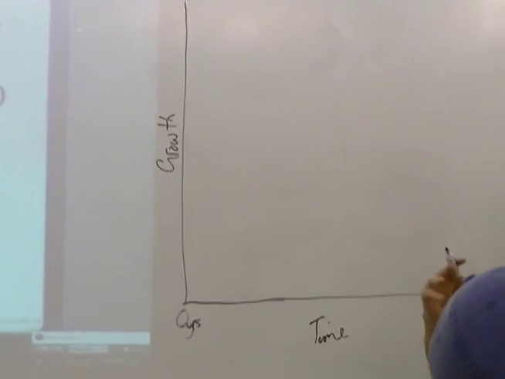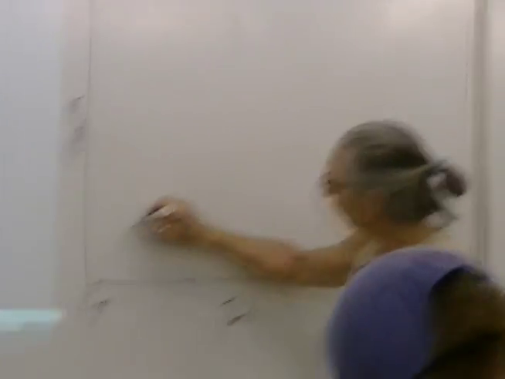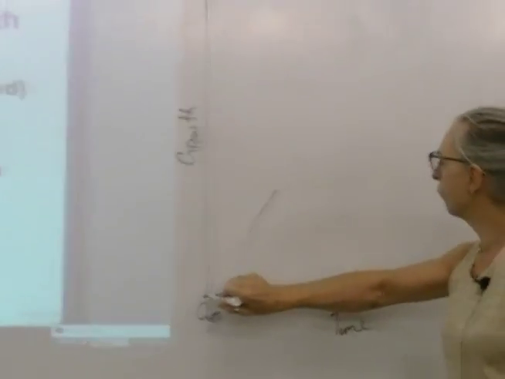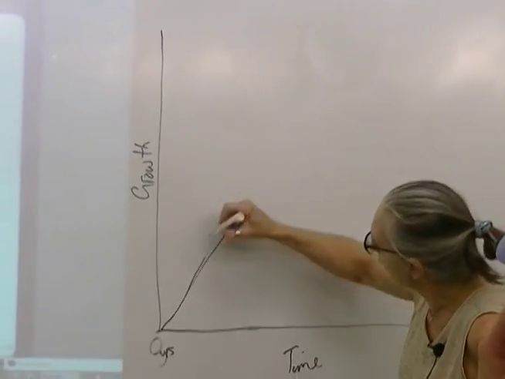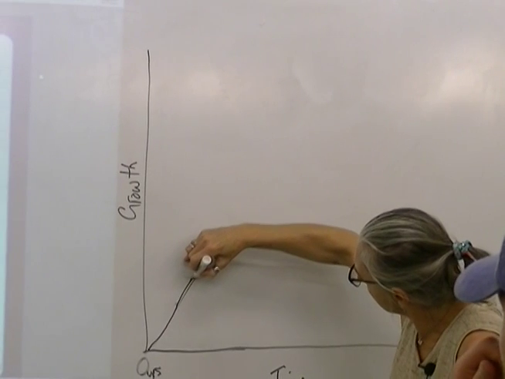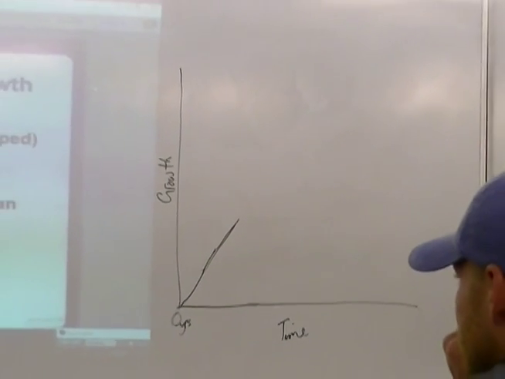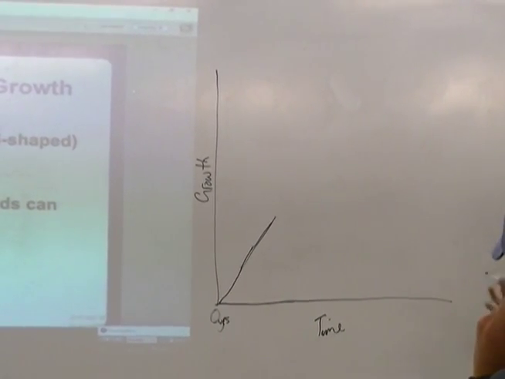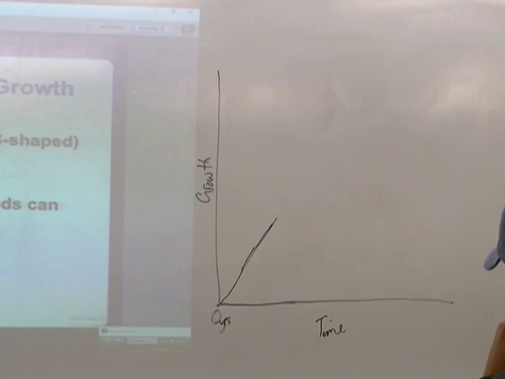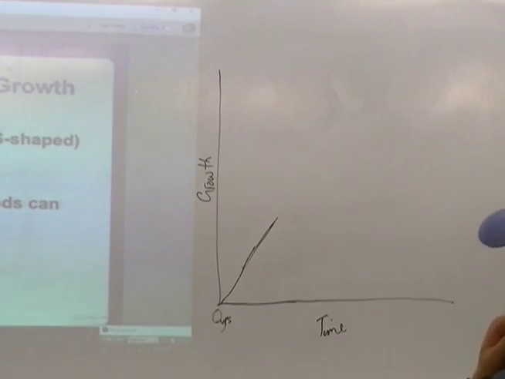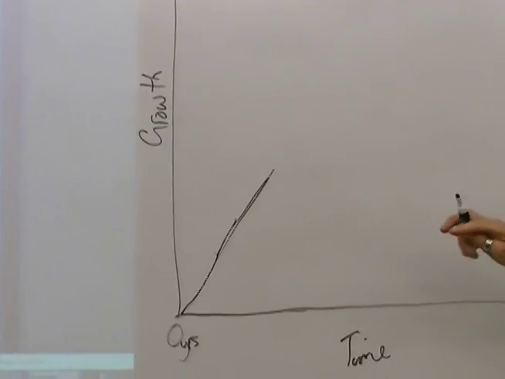So, first year and into the second year, we see a very rapid growth spurt. Slightly slower than it was in the womb, but still very, very rapid. So, from an observation point of view, this is going to be the fastest point in growth for this child.